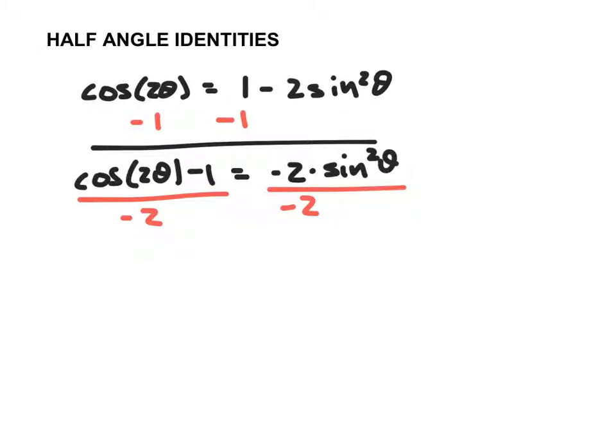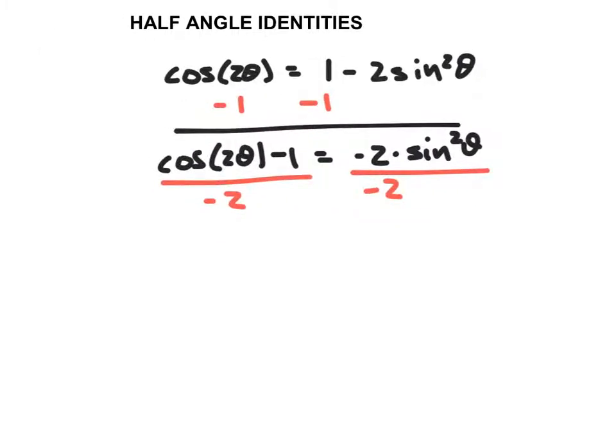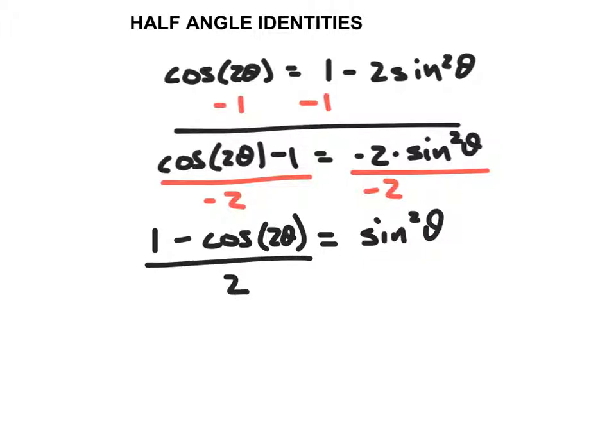All right, and what that's going to do is kind of move things around. So I'm going to get sine squared theta over on the right side, but then this is going to become positive. I'm going to do positive 1 minus cosine of 2 theta over 2.